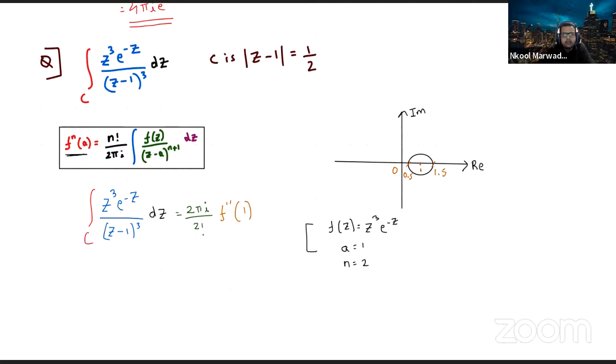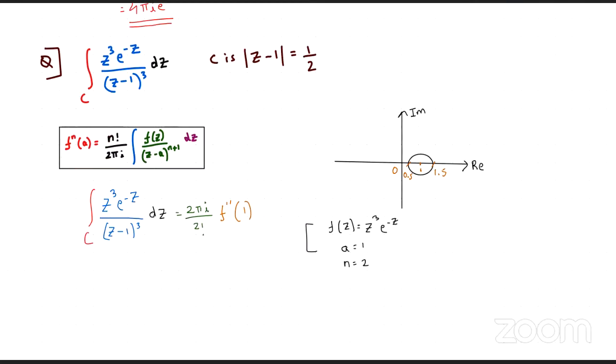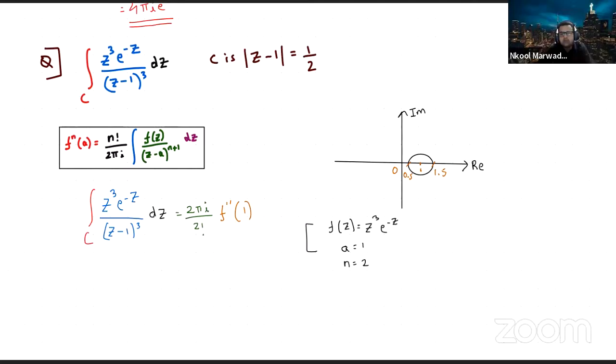This f of n is the derivative of the function n times at a. So it will become the derivative of the function 2 times at point 1 because n is 2 and a is 1. And 2 pi i will take it there, multiply it with this, and n factorial I will bring in the denominator, isn't it? Yes sir. Now I can do the double derivative.